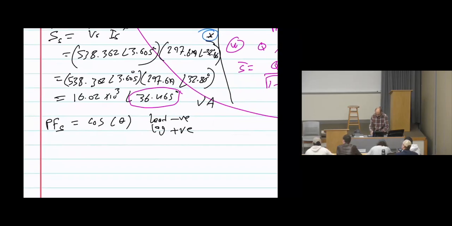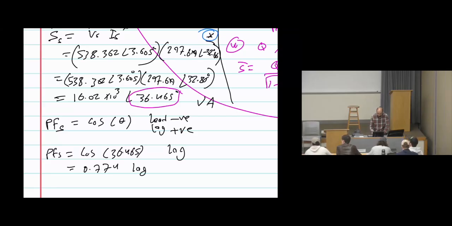So therefore, power factor of the source will be cosine of 36.465, and it is lagging. Then you can substitute it, which is going to be 0.774, lagging power factor. Then problem done. You can box this final answer.